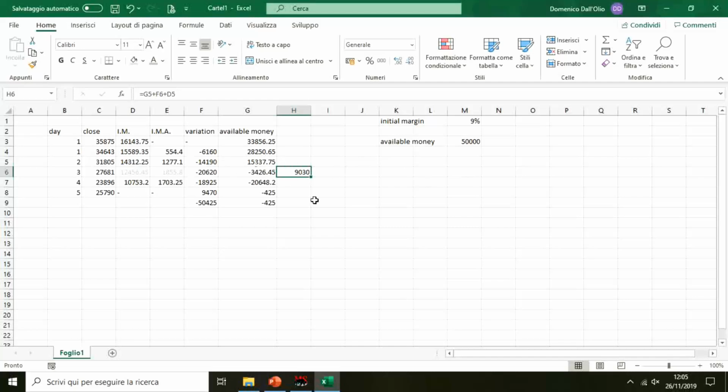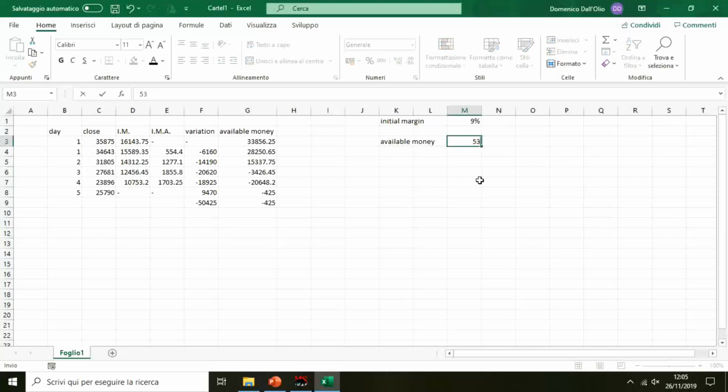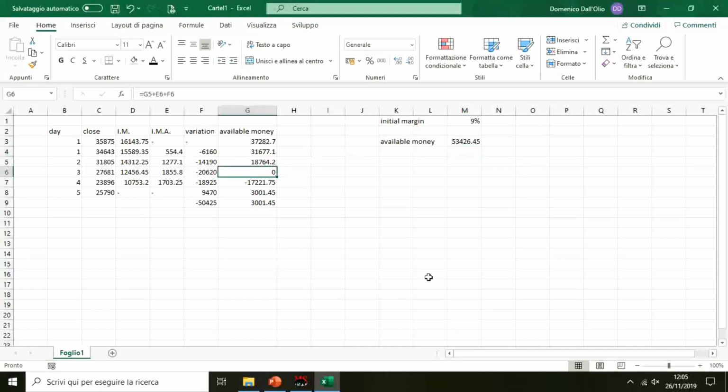Let me go back to the previous situation, and let's assume that the available money in the beginning was 53,426.45. Exactly. So in the beginning, your available money is 53,426.45. On day 3, the available money is 0.